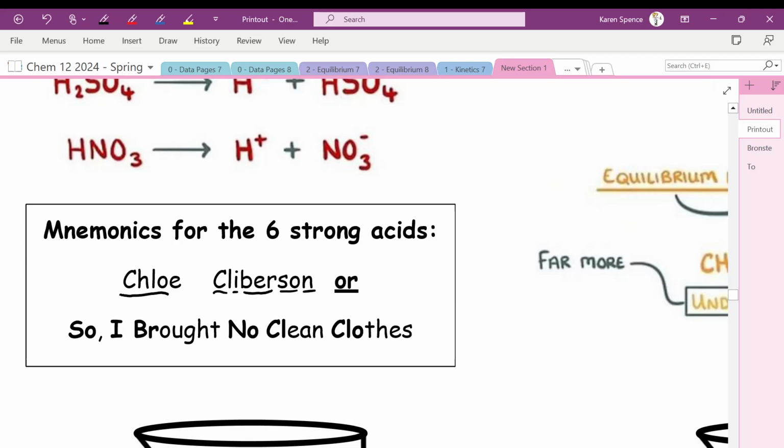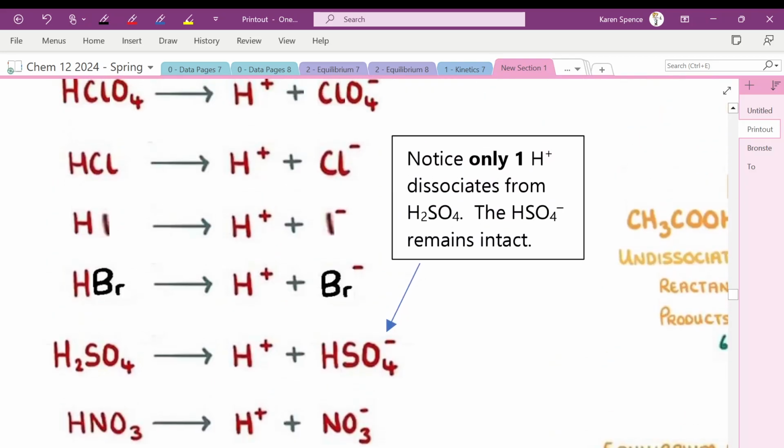Okay. Anywho, the one thing I did want you to notice is that only one of the hydrogens from the H2SO4 comes off. The HSO4 remains intact. Please go find HSO4 on your data table.